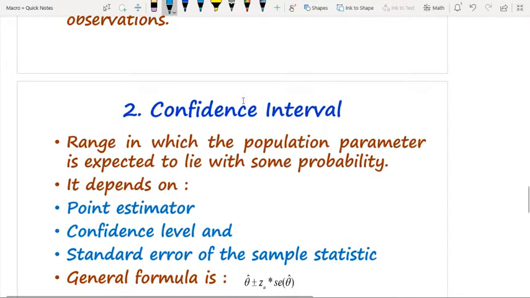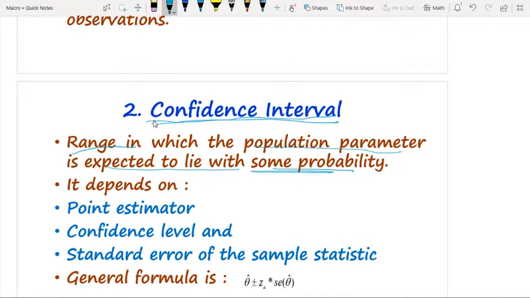Now let us go back to the confidence interval. So confidence interval is related with interval estimation. Confidence interval is simply the range in which the population parameter is expected to lie with some probability.